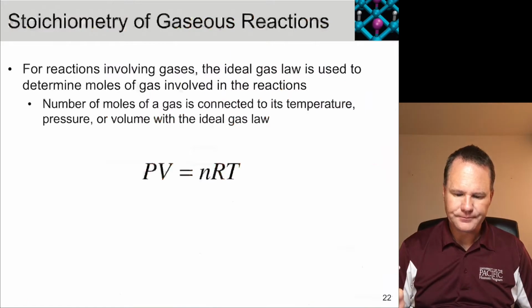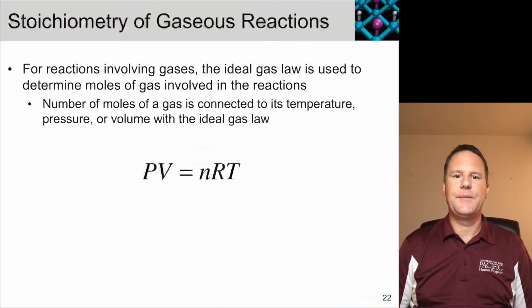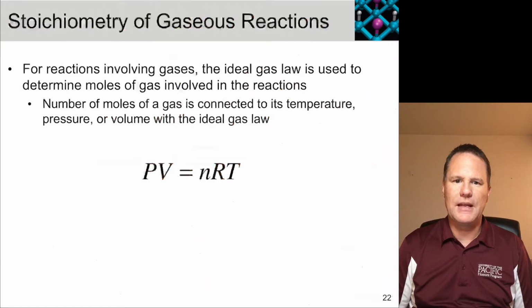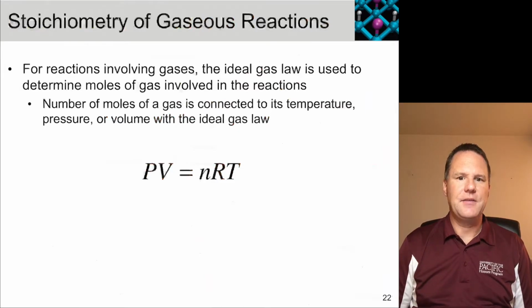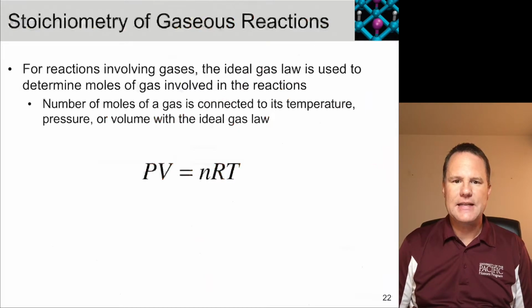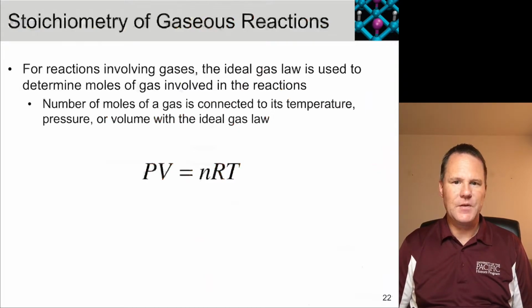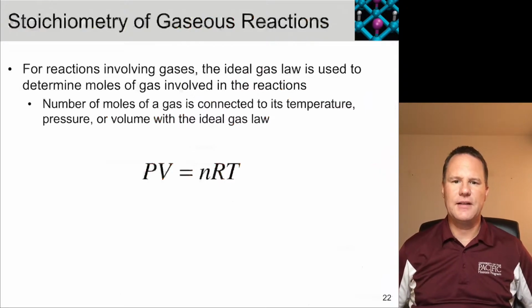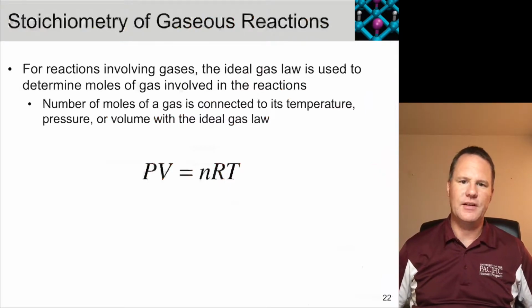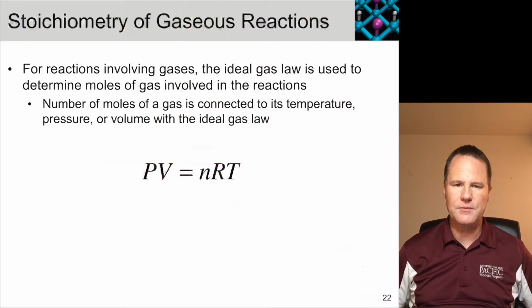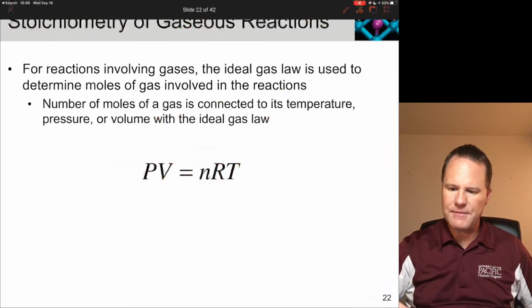Very nice. Now the next thing, which is going to be maybe the most complicated part in terms of calculations of this chapter, is how to do stoichiometry calculations with gases. And remember, the heart of a stoichiometry calculation is in moles. First we just took the moles of a reactant and then calculated the moles of a product. But then how do we get the moles? We typically get it from the grams, converting grams to moles, and from moles we convert back to grams.